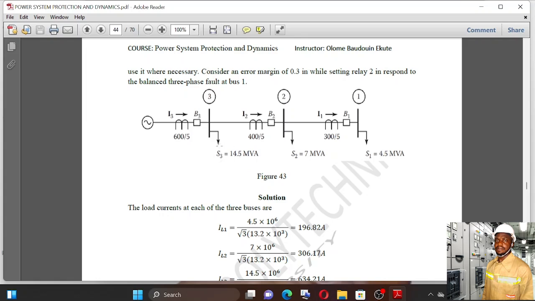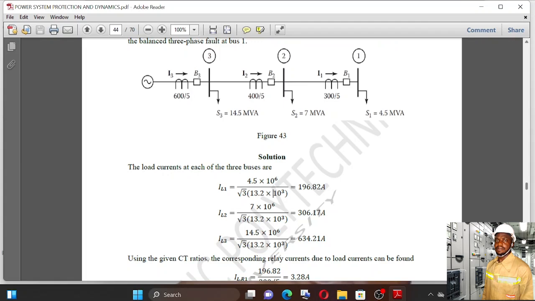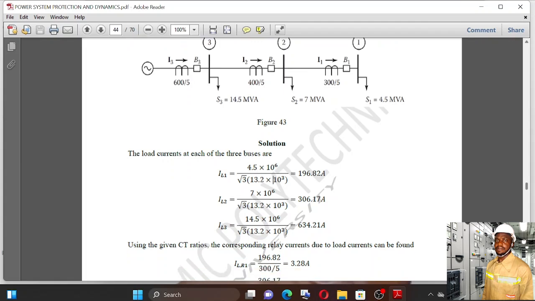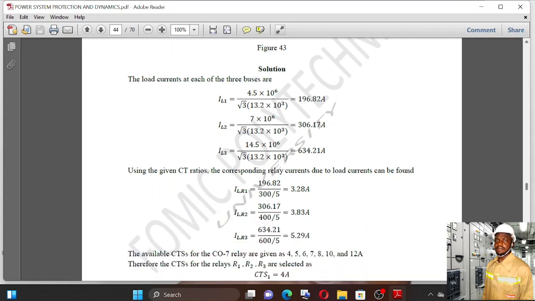The powers at different buses here are different, right? But the whole power in the network sums up to the sum of all these powers. So using that, you can calculate the current flowing through each of those lines or in each of those buses.